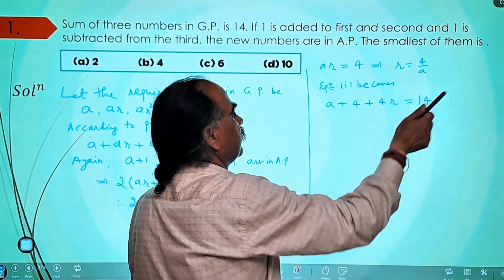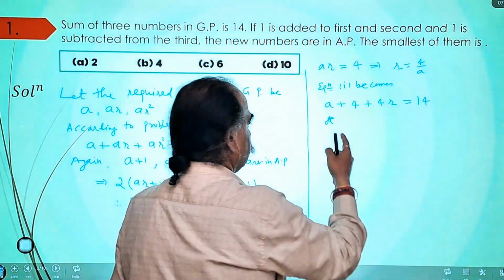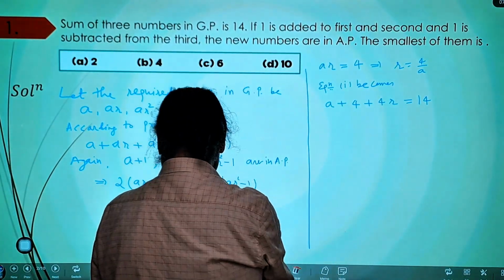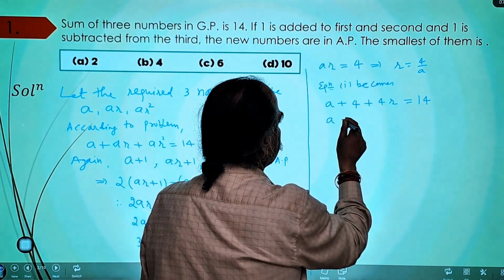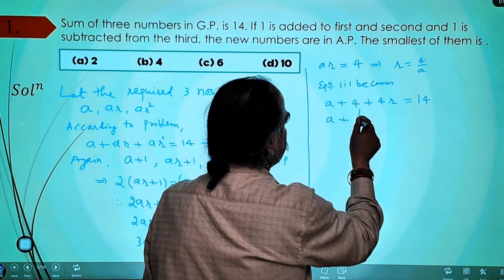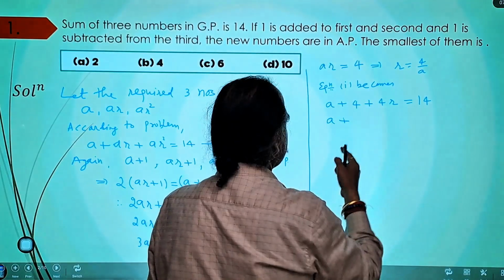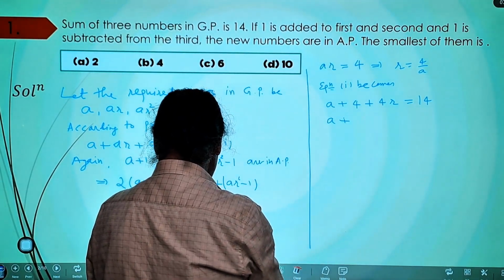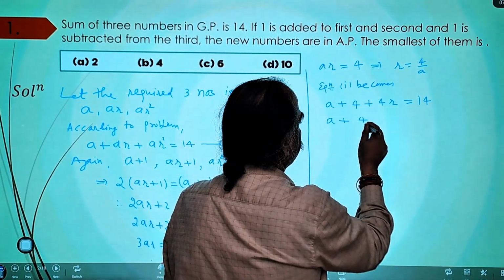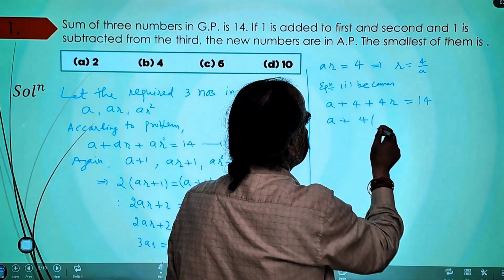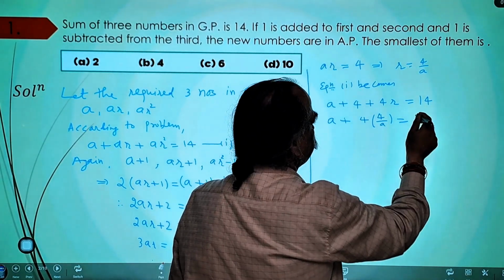Now transfer 4 to that side. So A plus 4R, where 4R is replaced by 16 by A, equals 14 minus 4, which is 10.